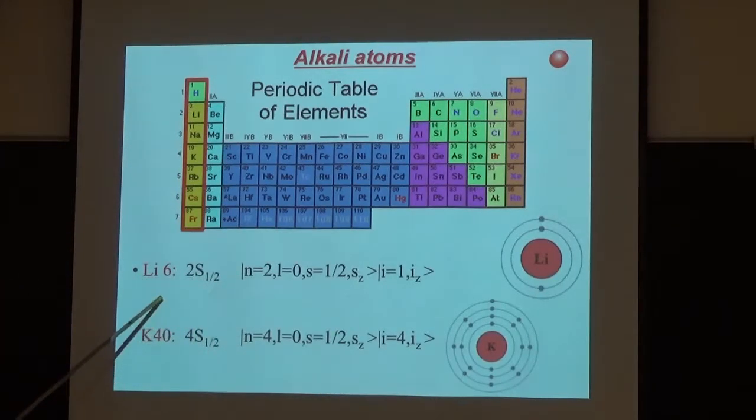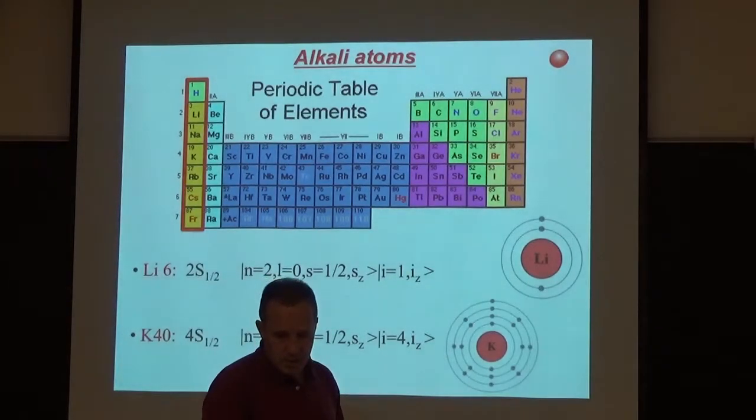Since I'm going to be talking about paired superfluidity, to connect us to superconductivity, I'm going to be focusing on the two atoms where fermionic progress has been made: lithium-6 and potassium-40. My colleague Debbie Jin works on potassium-40, and this is the first fermionic isotope that was made degenerate.